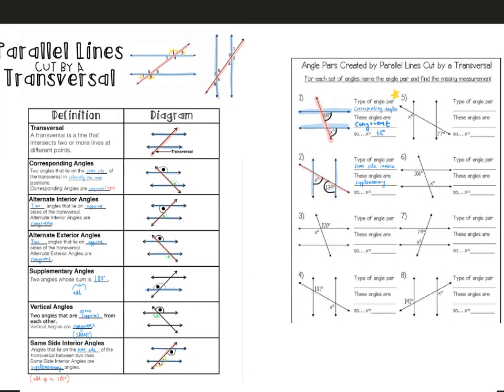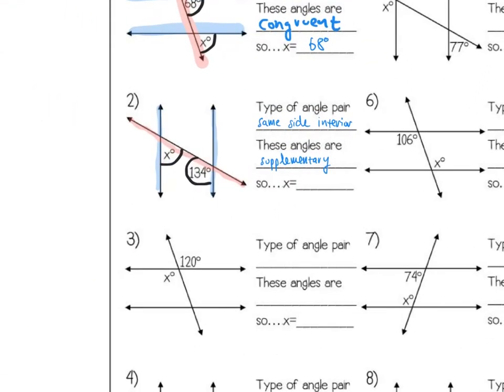If I know that x plus 134 is 180 degrees, all I have to do is subtract 134 from 180 in order to find x. So my calculator here next to me, 180 minus 134 is 46 degrees. So angle x is 46 degrees.